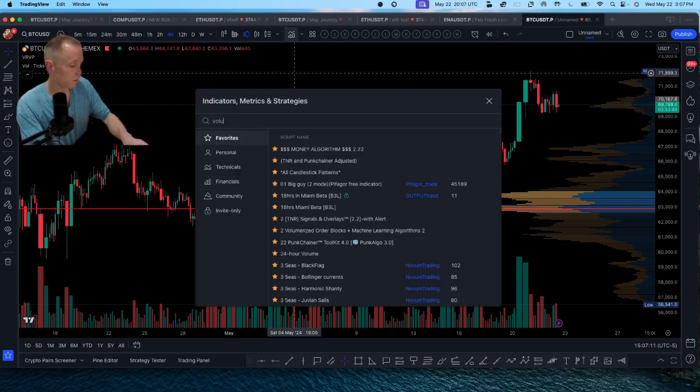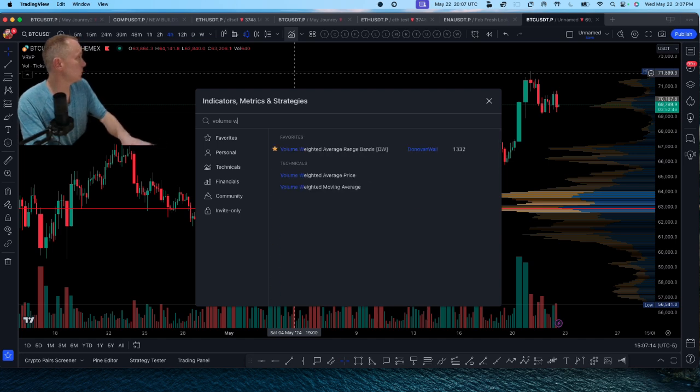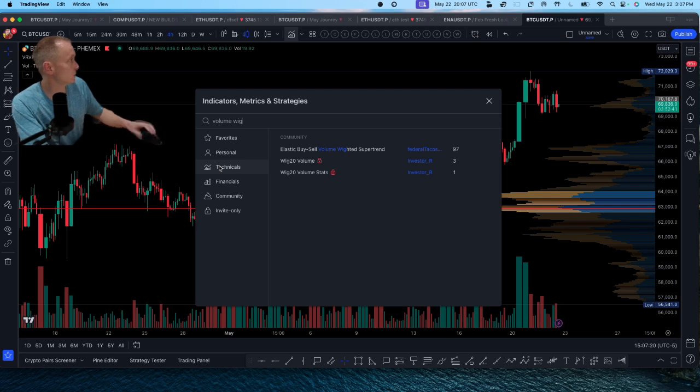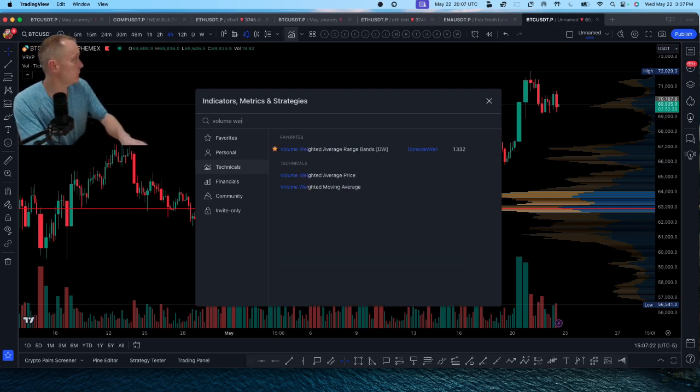So we will search for volume weighted average price. You can usually get to these quicker if you go to technical here in TradingView.